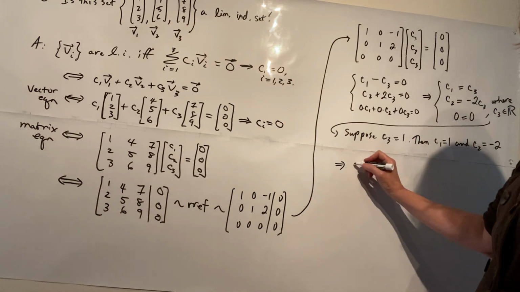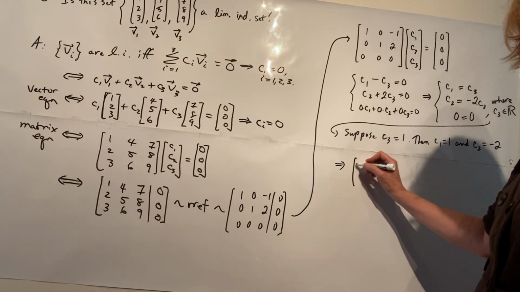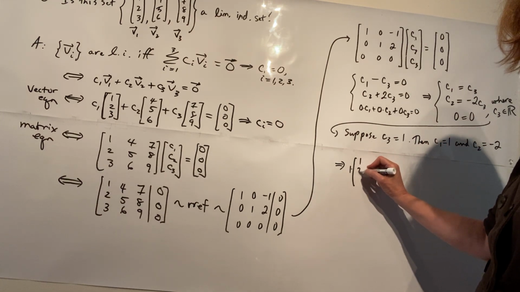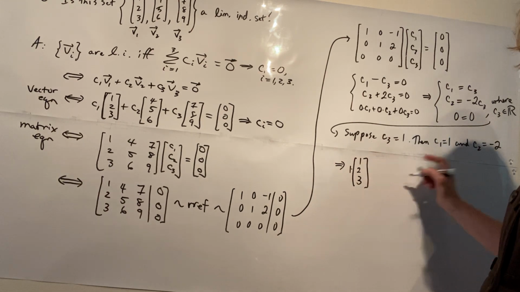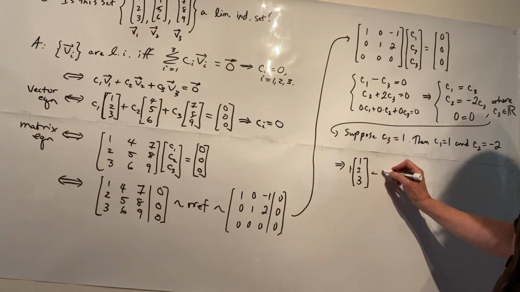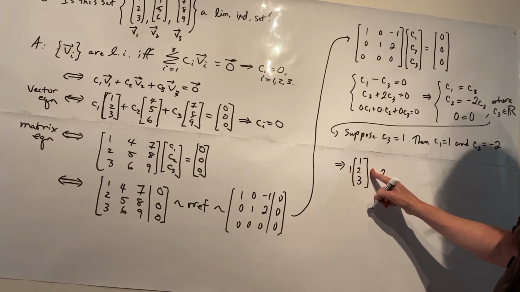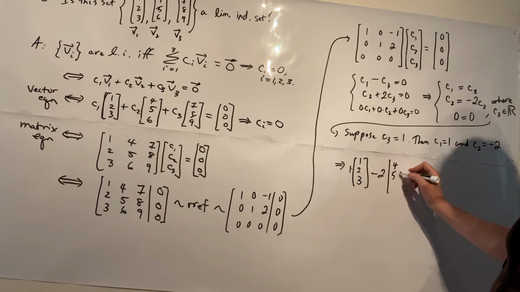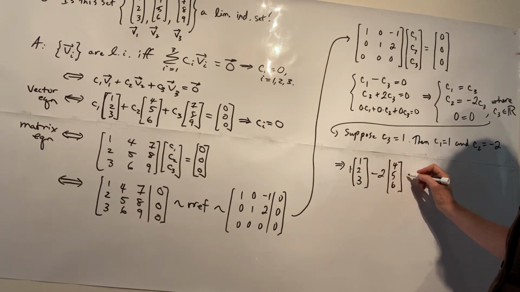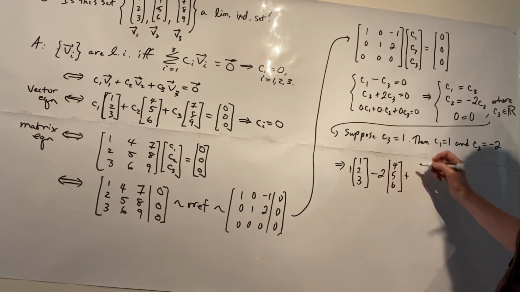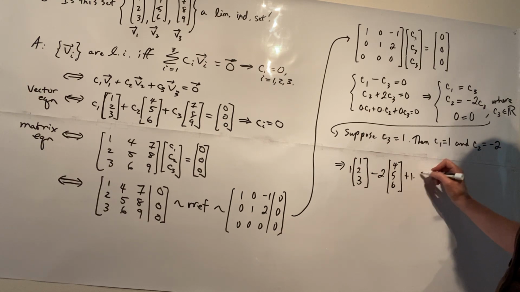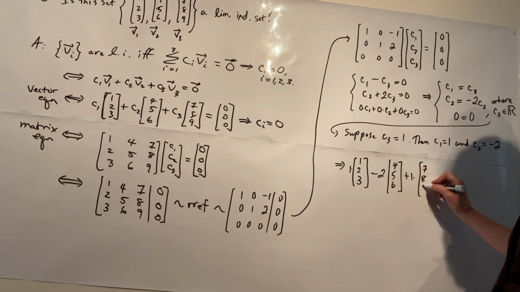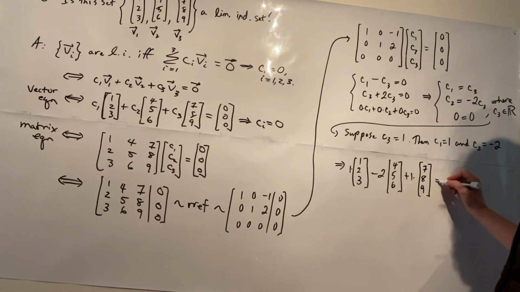This solution implies that 1 times (1, 2, 3), minus 2 times the second vector (4, 5, 6), plus 1 of the third vector (7, 8, 9), will give you the 0 vector.